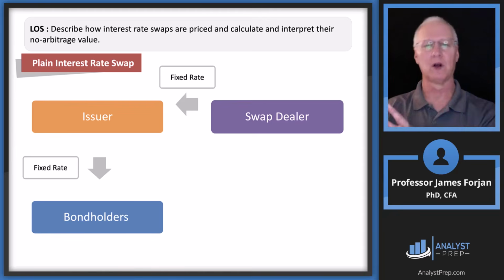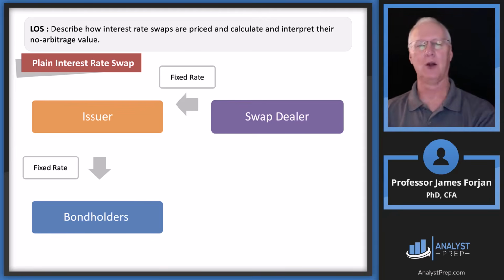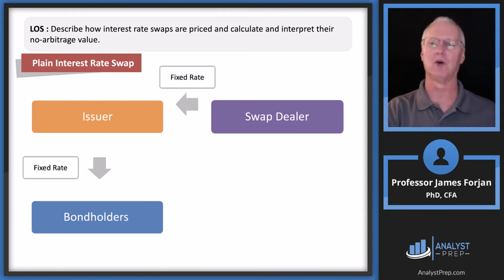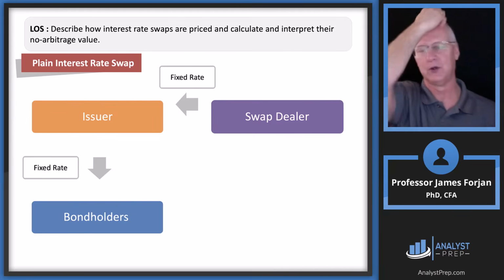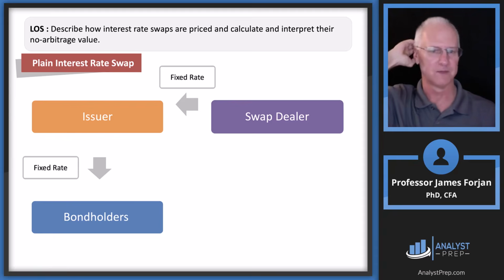So let's pick up the phone and call Jim and say, hey, look, we're paying this fixed rate to our bondholders. Would you do us a favor? Would you pay us that fixed rate so that we can pay our bondholders? You essentially would be financing that. So those payments go from the swap dealer through us to our bondholders.